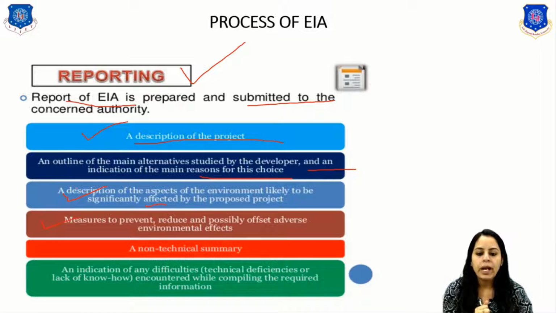Then measures to prevent, reduce and possibly offset adverse environmental effects. Then a non-technical summary. And the last one is an identification of any difficulties, technical deficiencies or lack of know-how encountered while compiling the required information.